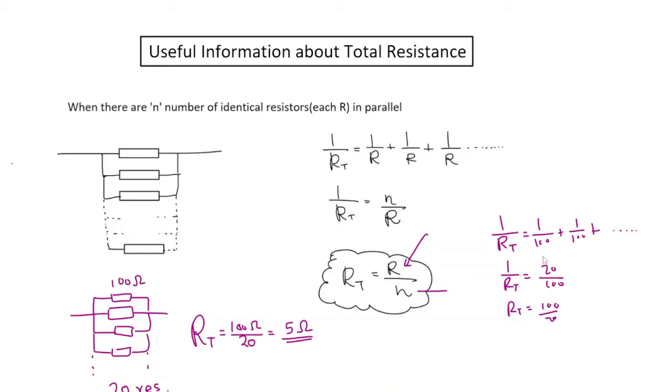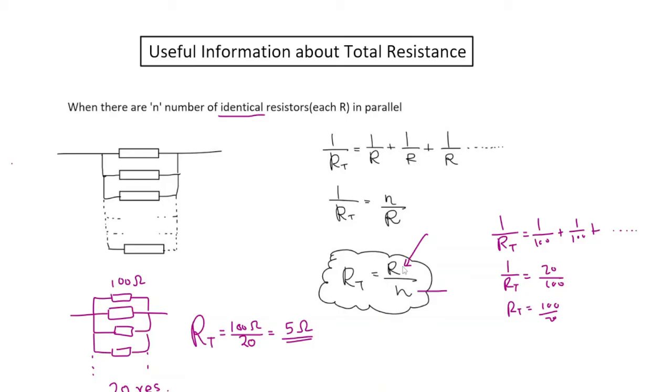Now, it's really important that this only works with identical resistors. For identical resistors connected in parallel, the total resistance is the value of one resistor divided by the number of resistors. Let's think about another example.